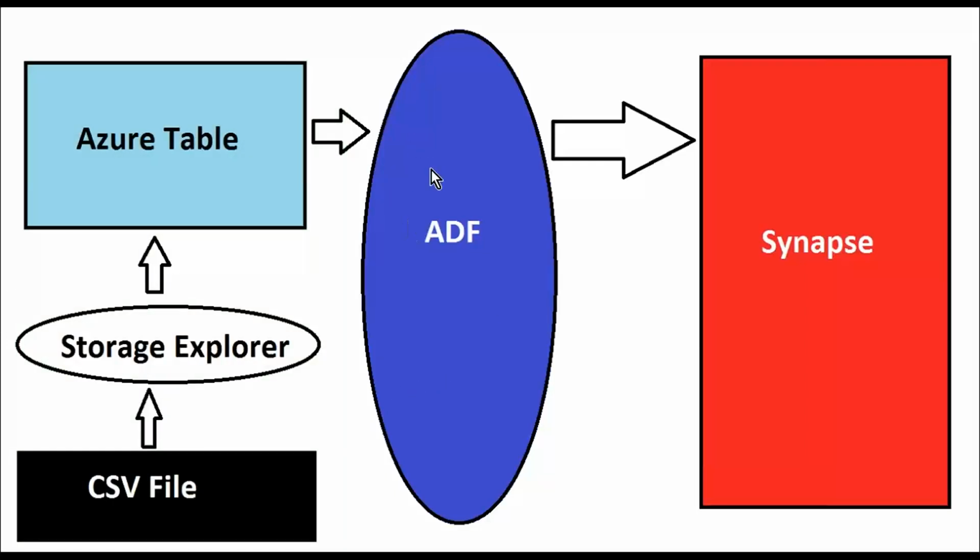Create the linked service. Bring data from Azure tables. Do some aggregations. The main purpose of the example is to store aggregated data. Using ADF, we'll see now how to aggregate and load data into Synapse SQL Pool. The purpose of Synapse SQL Pool is to store aggregated data.